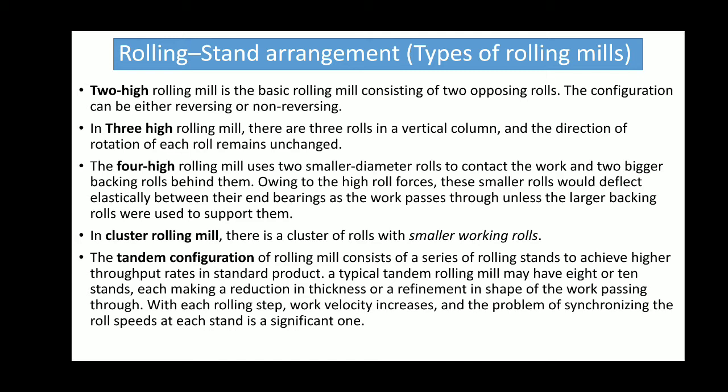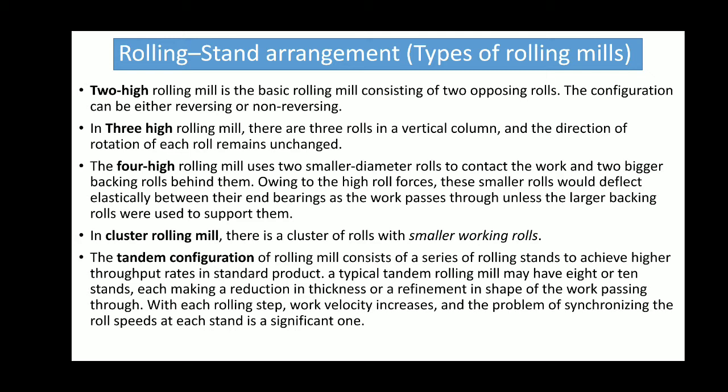So there are different rolling strand arrangements based on how many rolls there are, or how they are positioned, etc. Under that category we basically have the two high rolling mills, which is the most basic one. We have the 3 high, 4 high, and so on, and similarly we have cluster rolling mills, and the main classification like the tandem configuration of rolling mills. In the subsequent lectures we are going to discuss those.